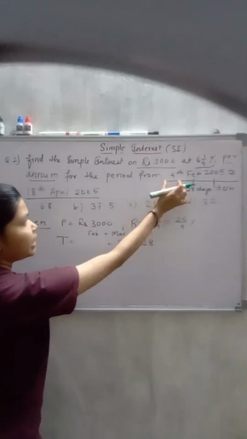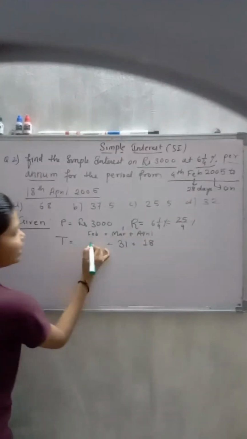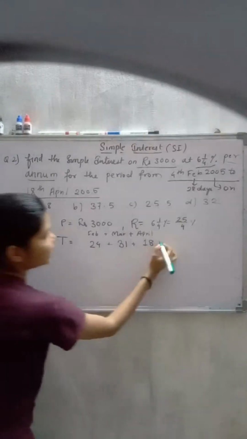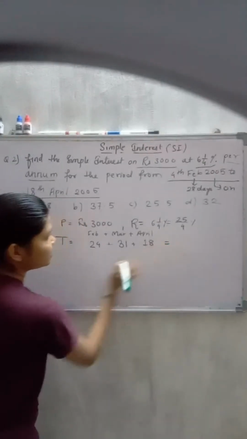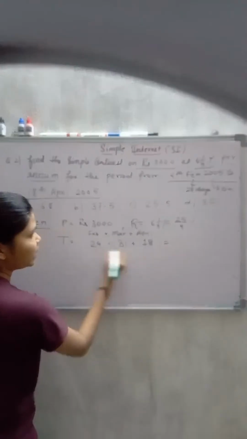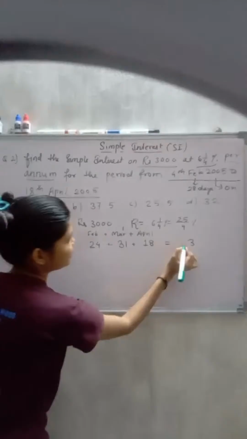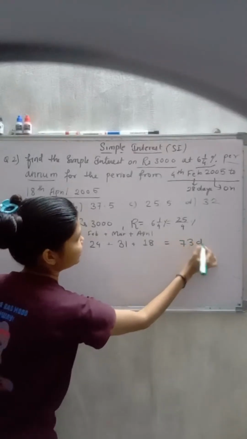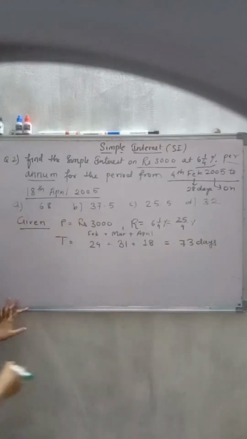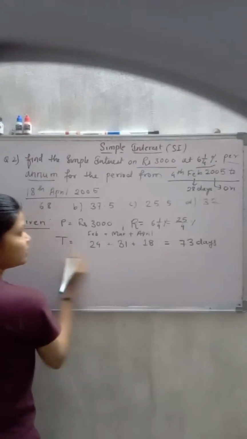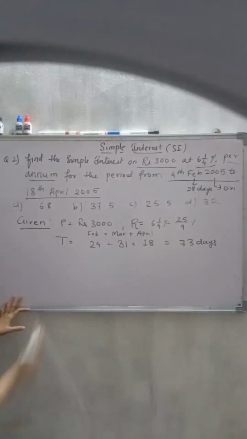So from the period 4th Feb, that means remaining are 24 days. So total number of days will be 24 plus 31 plus 18, which is 73 days in total. We want the time period in years.